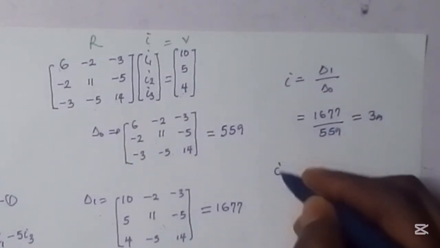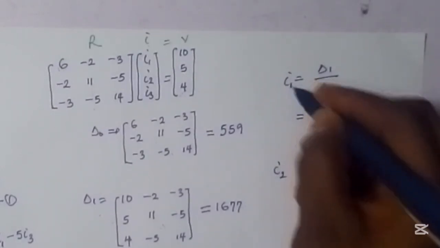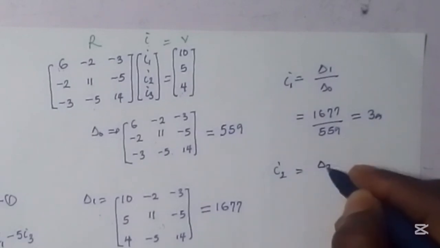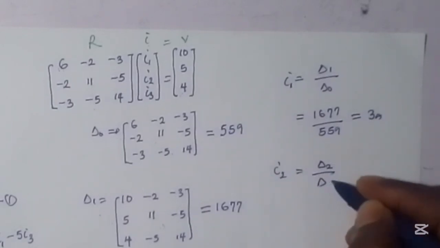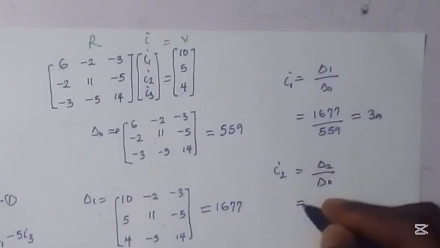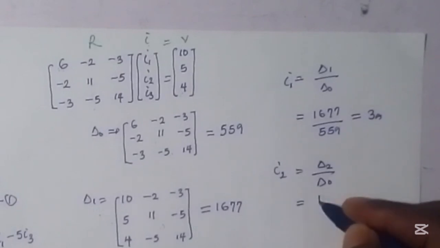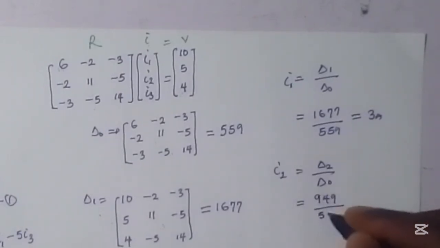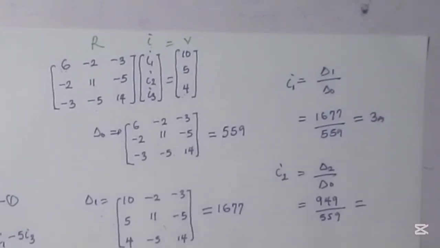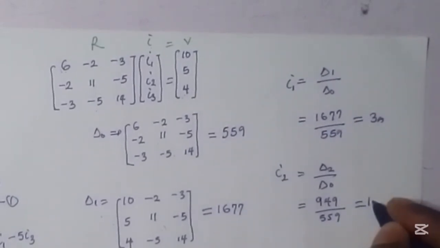So for I2, it's going to give us delta 2 over delta 0, which is the same thing as 949 divided by 559, which is 1.7 amps.